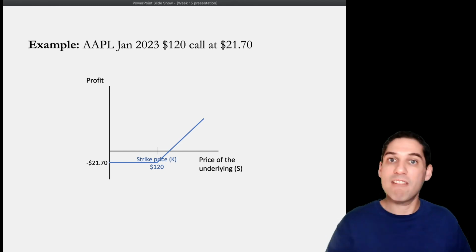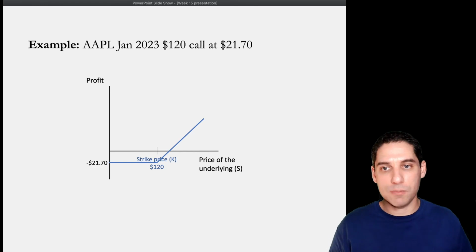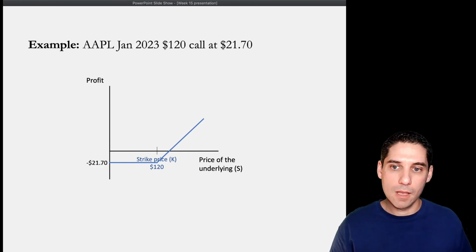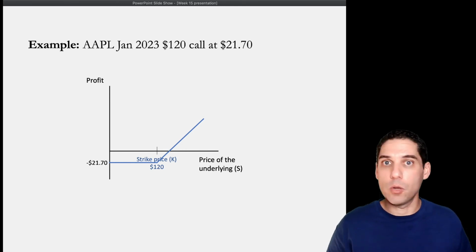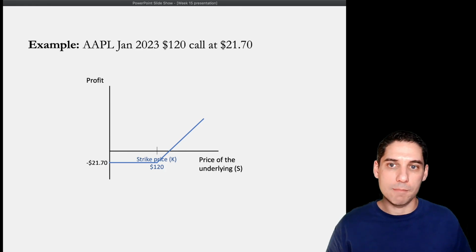But to have a positive profit, the difference between the underlying and the strike price has to be greater than the premium we paid. So the stock price would have to be 120 plus 21.70, so 141.70 or more, for us to see positive profit from this contract. All right, so that's the call option.